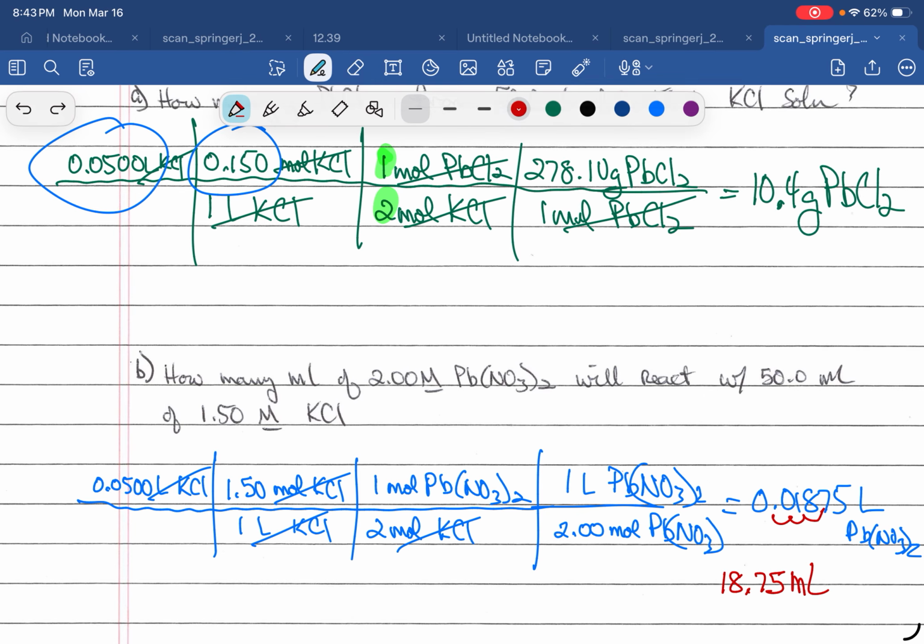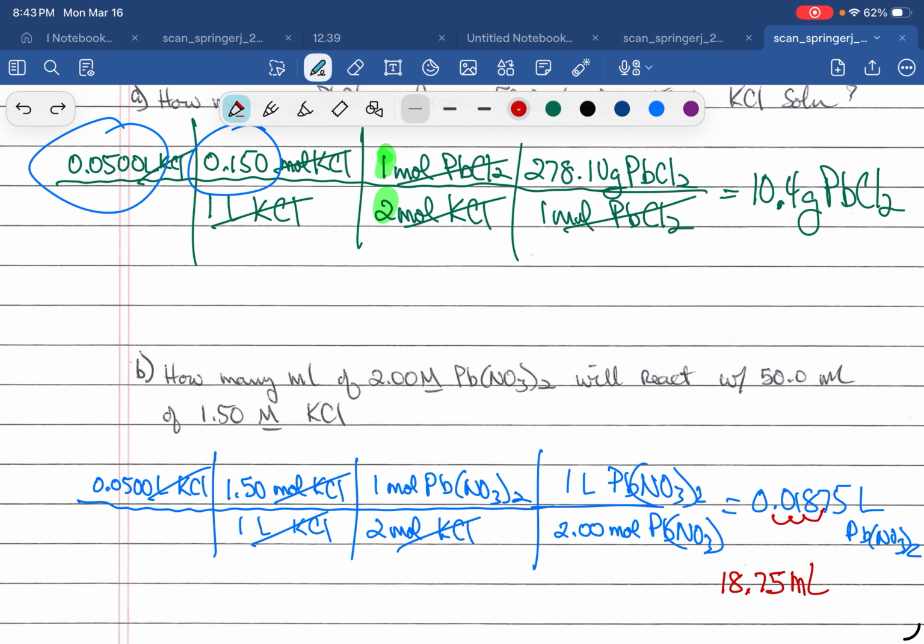And last but not least, letter C: what is the molarity of a 20 milliliter solution of KCl that reacts with 30 milliliters of a 0.4 molar Pb(NO3)2 solution? So this is my given. That's what I'm trying to find.